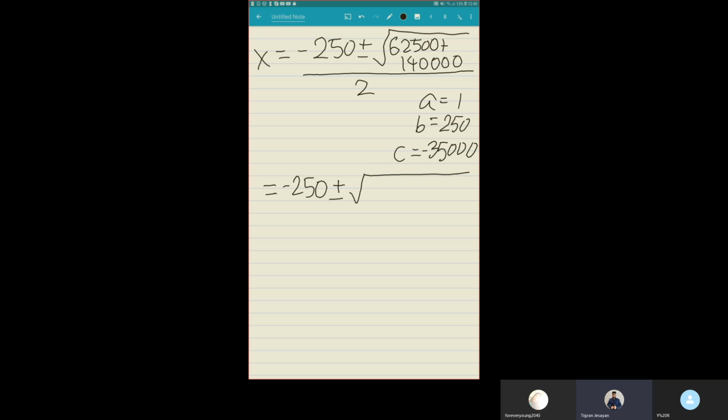And the root of this is a math error. That's not good. Minus 20,250,000. The root of minus 20,250,000.